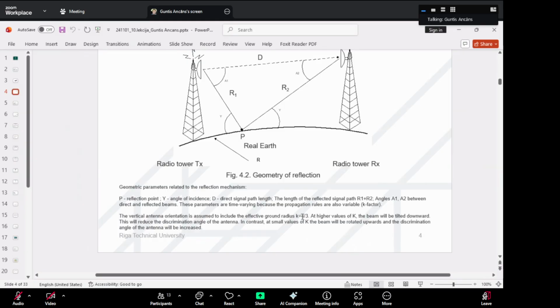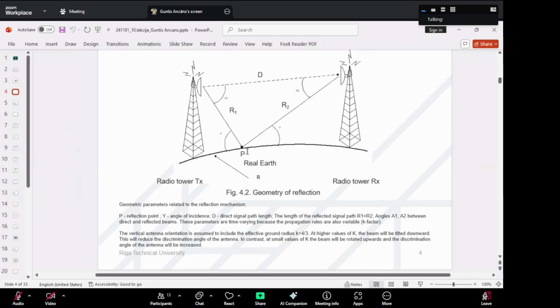This is needed due to the fact that Earth's surface is not flat over longer distances, and to take this into account in calculations, the K factor is used.